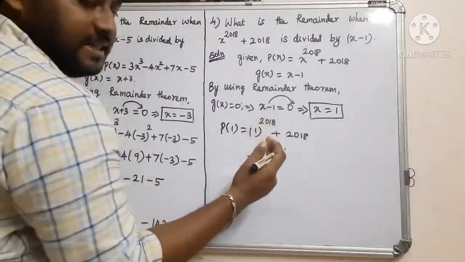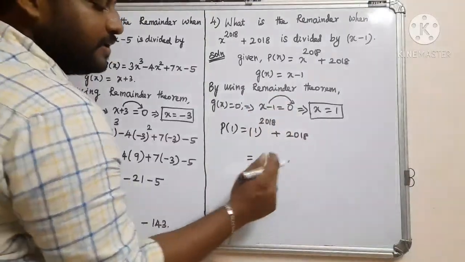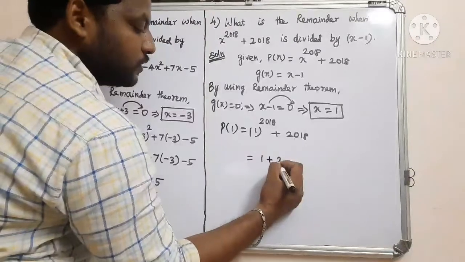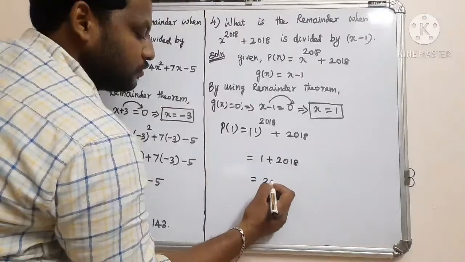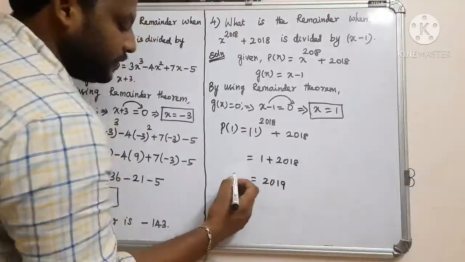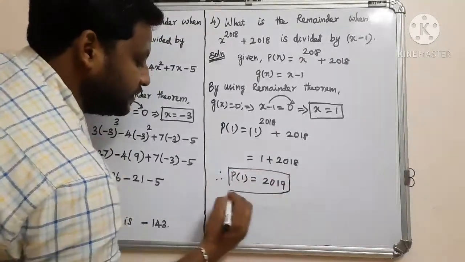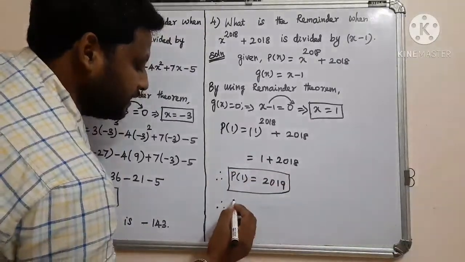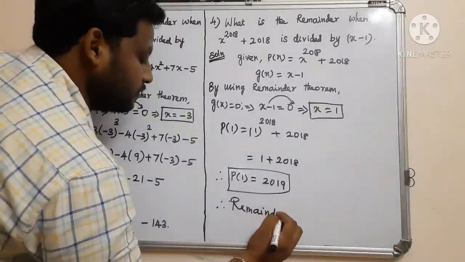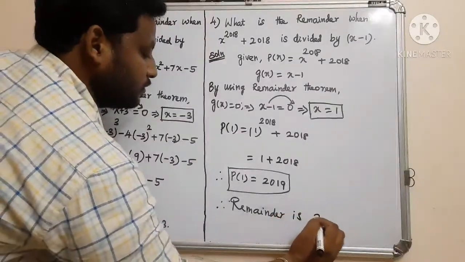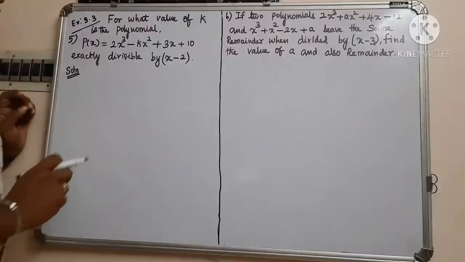So 1 power any number is equal to 1. 1 power 0 is also 1. Plus 2018. So 2018 plus 1 is equal to 2019. So p of 1 is equal to 2019. So therefore the remainder is 2019. Clear?